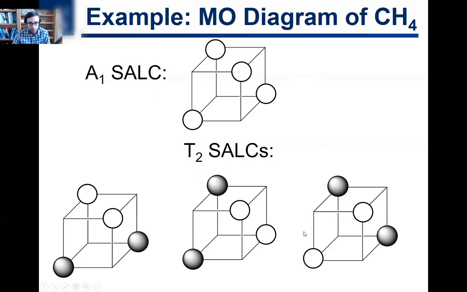But right now, we had four 1s orbitals of hydrogen. We combined them in different ways, did the representation, reduced that representation, and got out four different SALCs. So we started with four atomic orbitals, 1s orbitals on the hydrogens, and you ended up with four. One of those is always going to be the totally symmetric one, the A1 SALC, and then some other SALCs. In this case, you have three that are of T2 symmetry.